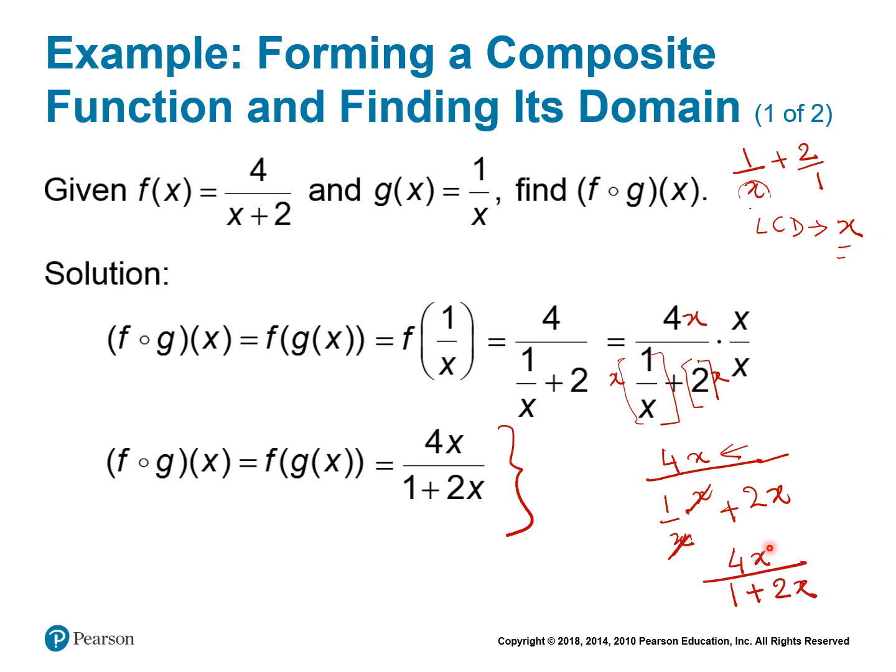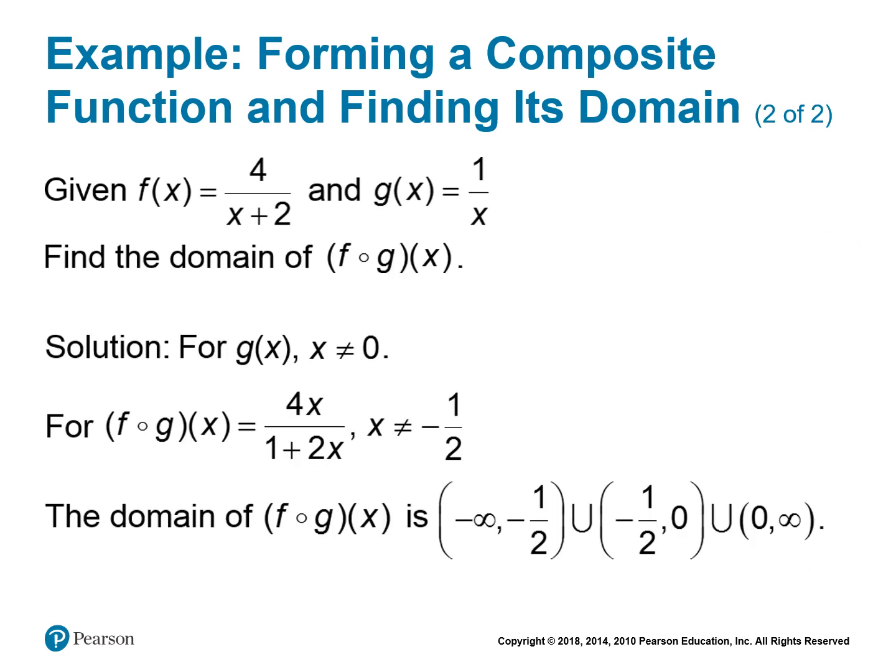But let's see now. So far we've just found the new composed function. We still need to find the domain of this new function. Now this is where we determine the domain of the composite function that we obtained in the previous slide.